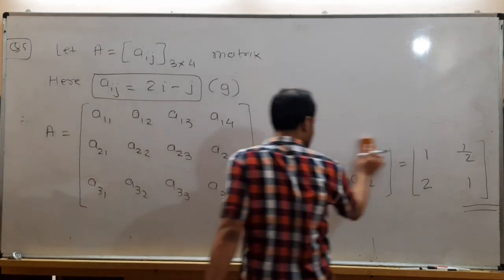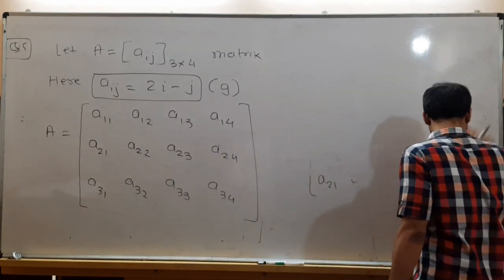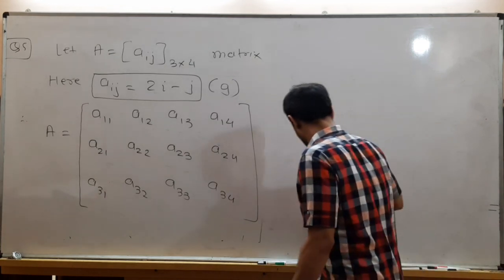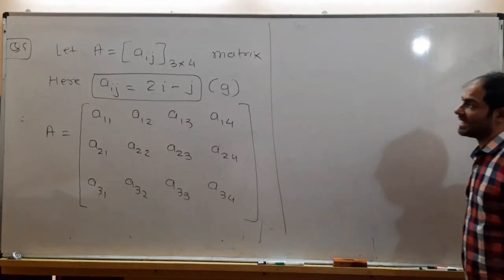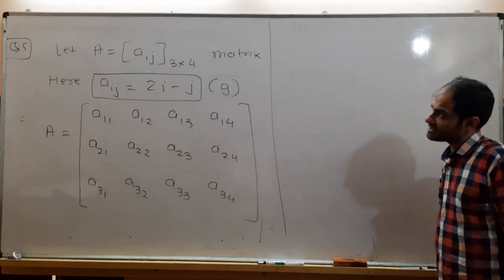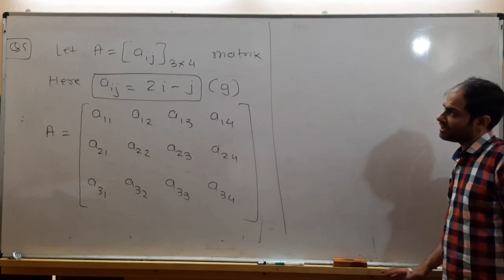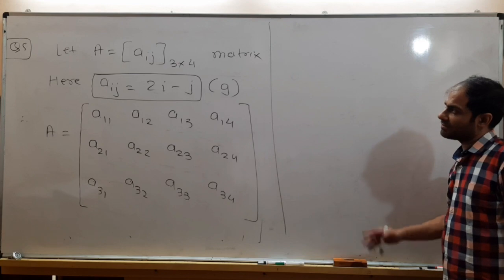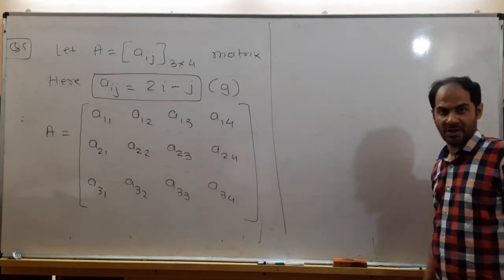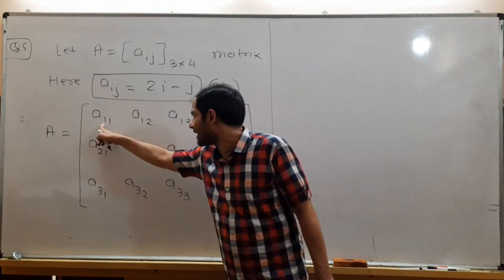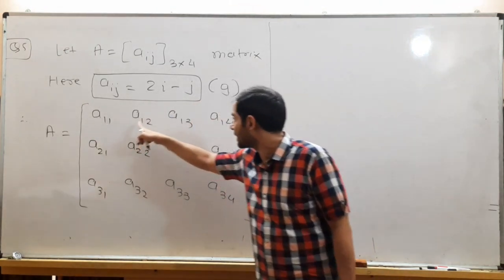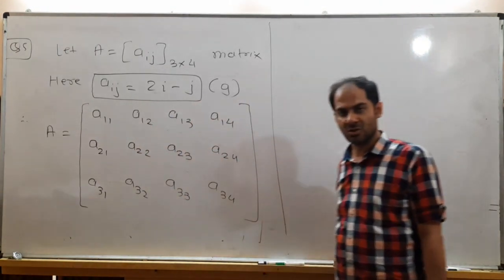What I will prefer is that I will prefer to find out the answer directly without mentioning what is I and j. In the previous two questions, you can say 2 types asked in question number 4, I have written what is the value of I, what is the value of j. So for A11, I is equal to 1, j is equal to 1. For A12, I is 1, j is equal to 2.